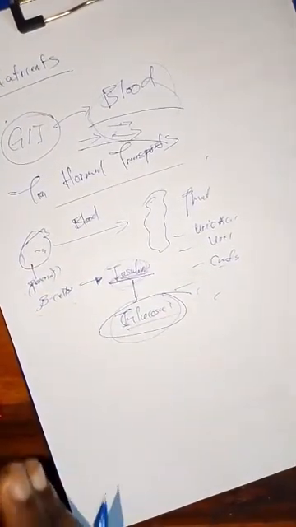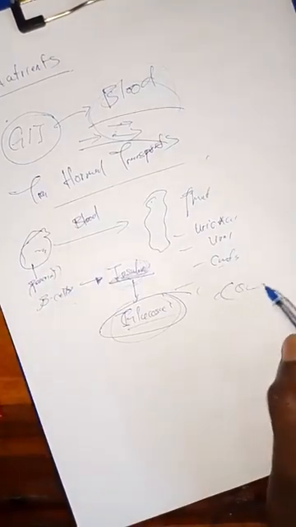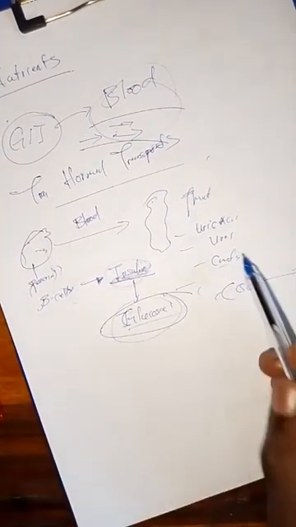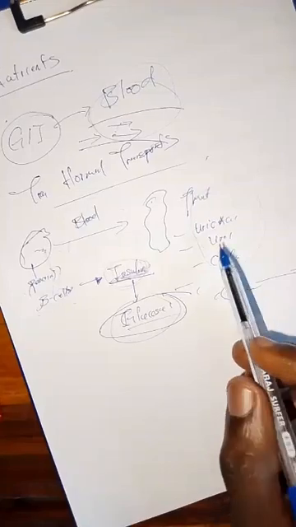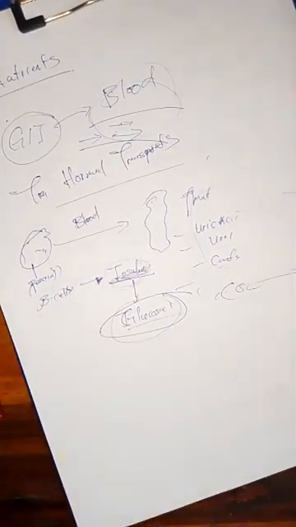For them to be taken out from the body tissues, they need blood for them to be swiped away from there. We saw how carbon dioxide was being taken from the body tissue to the lungs so that it can be taken out. That's how even these metabolic waste products can be transported. They are going to be taken to the kidney so that they can be excreted. Some go to the lungs, like carbon dioxide, to be excreted.